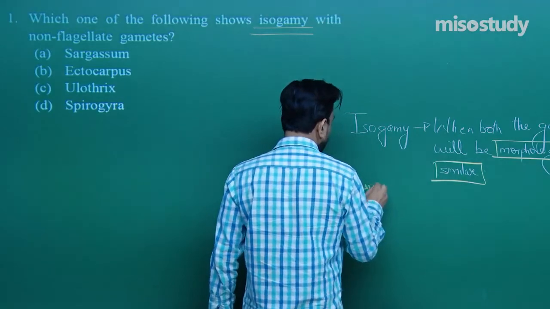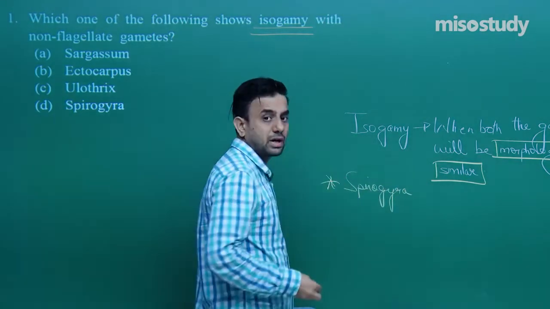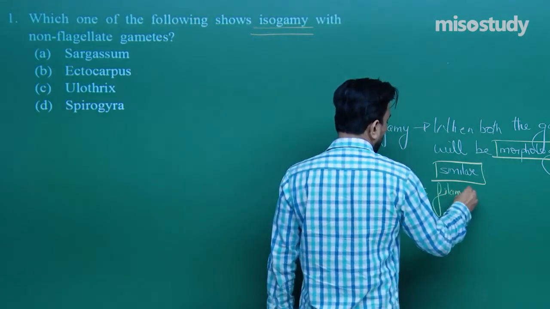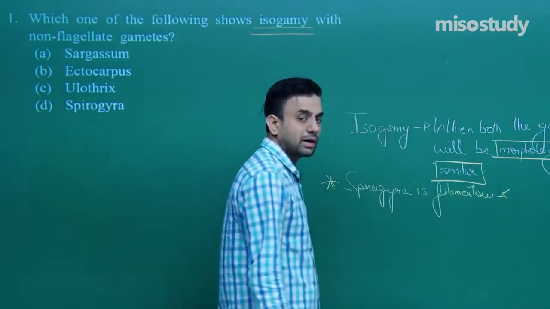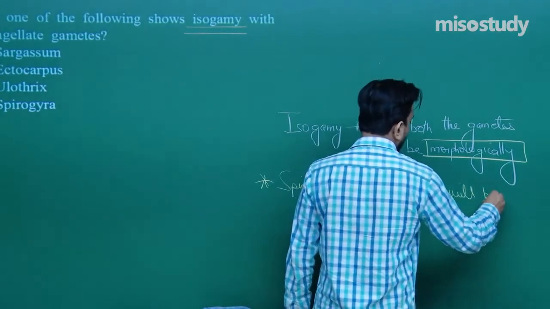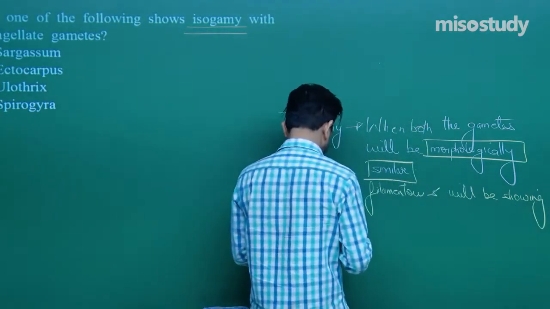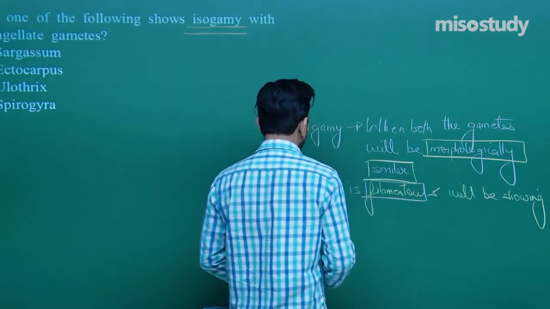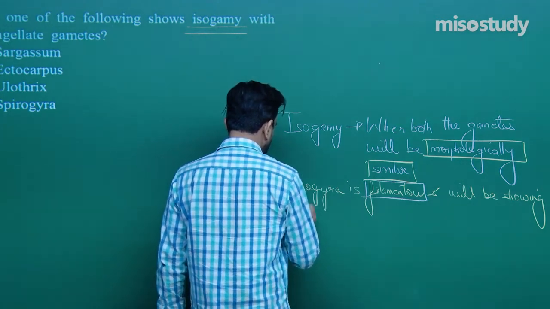Spirogyra is filamentous and shows the isogamous condition.